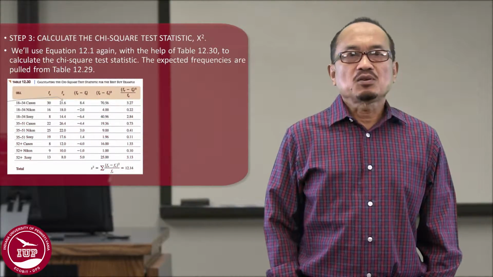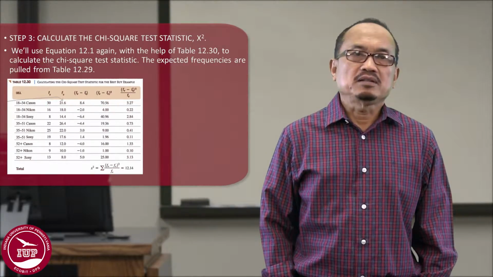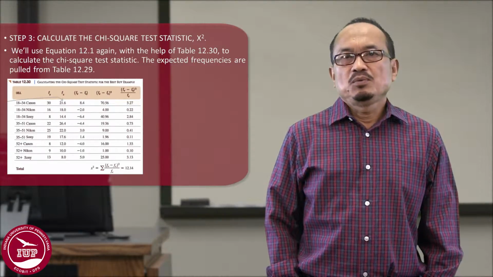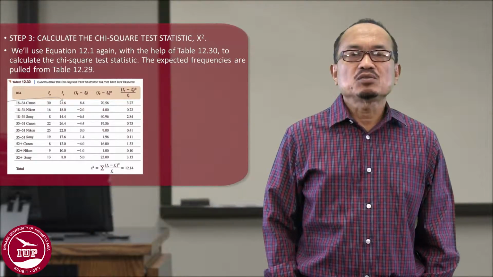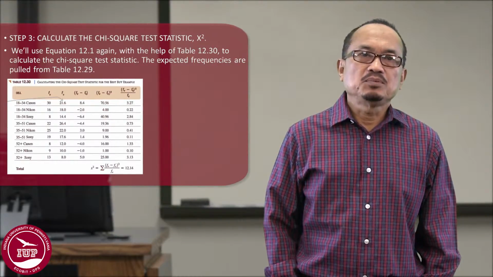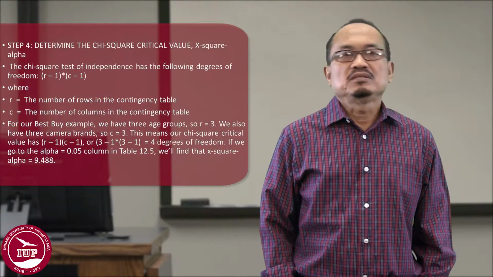Step 3. Calculate the chi-square test statistic, or x-square. We'll use Equation 12.1 again with the help of Table 12.30 to calculate the chi-square test statistic. The expected frequencies are pulled from Table 12.29. Step 4.